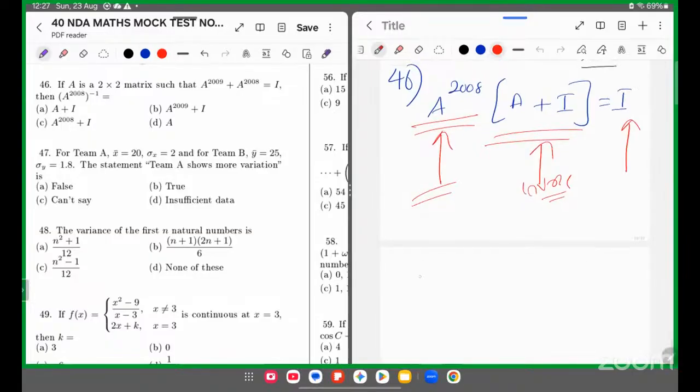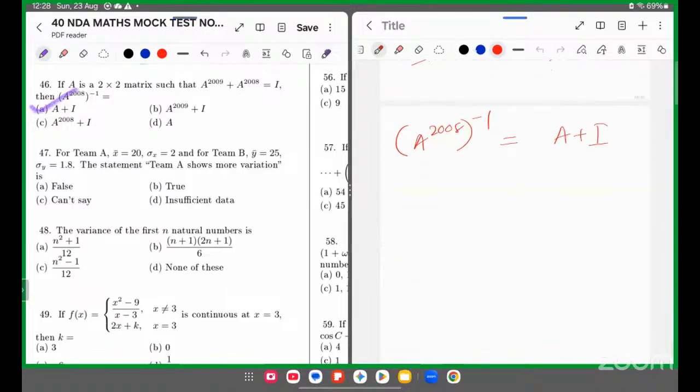So I can say that if I take A raised to 2008 inverse, that will be equal to A plus I. So the answer will be option A. We can say that the inverse of A raised to 2008 is A plus I.